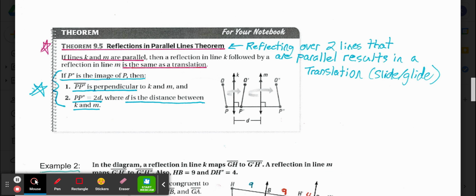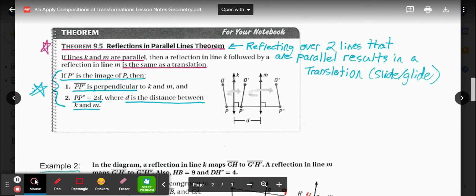So if we look at that, if QP was our original, and we reflected over K, and then reflected that over M, it would result in a final image that would also be the same process as taking segment QP and translating it to the right, in this case. But then we have a couple rules to go with this theorem.